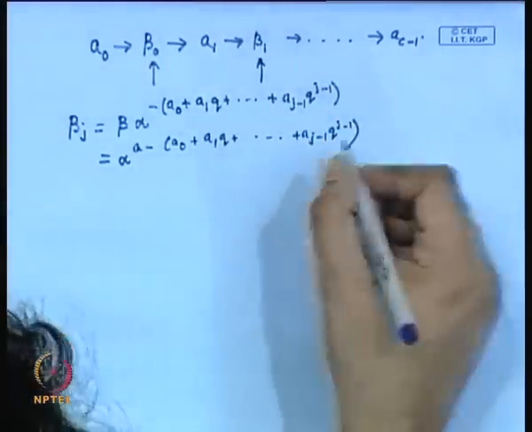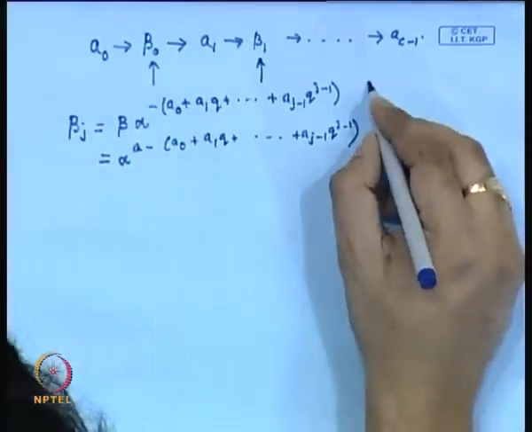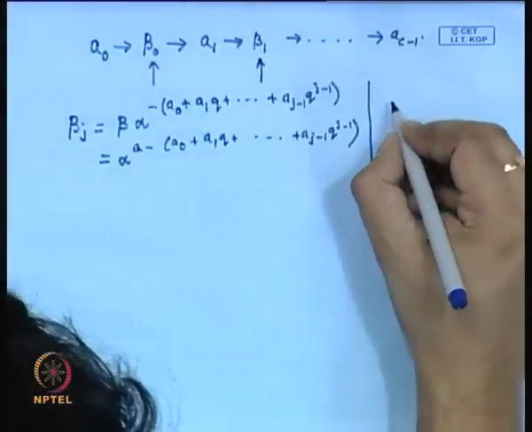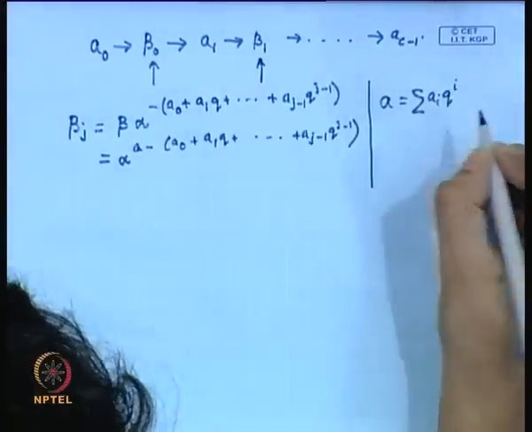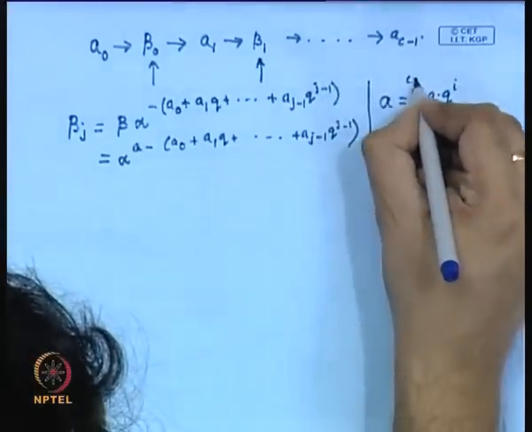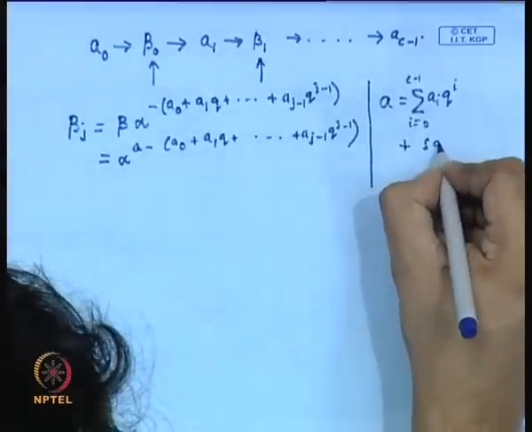Now, what was A? If you remember, A was equal to the sum of Ai q^i, where i goes from 0 to C minus 1, plus S q^C.